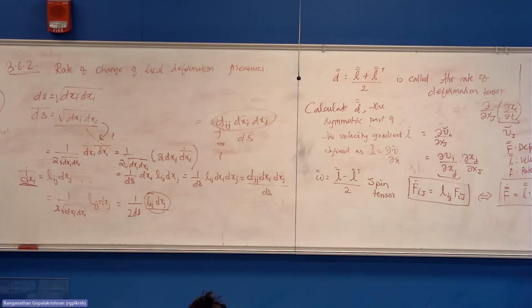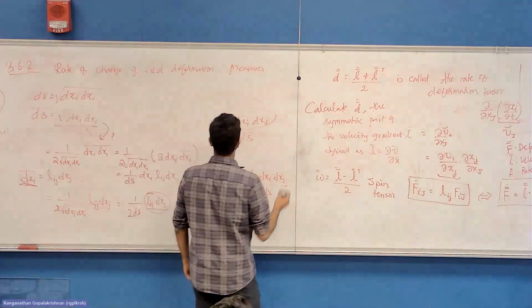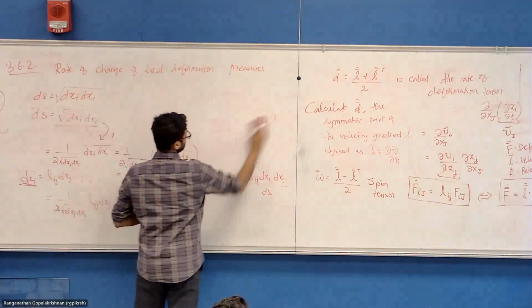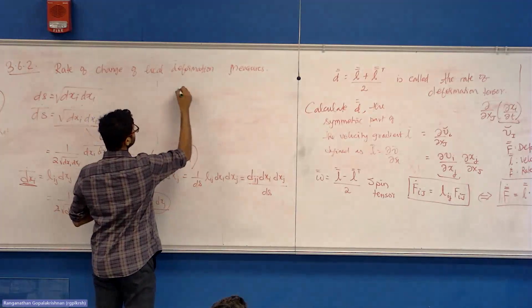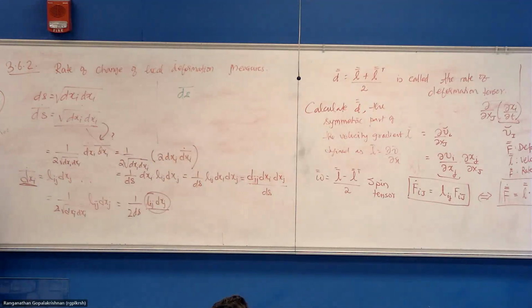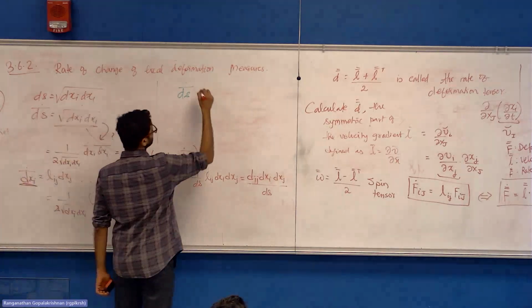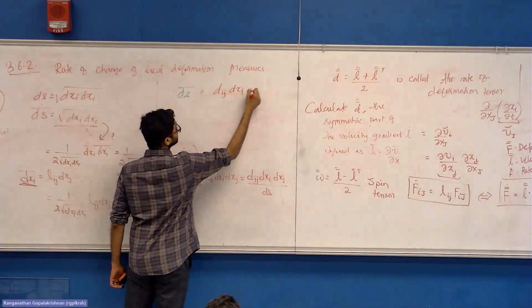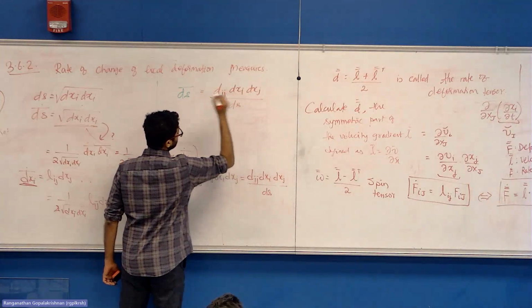So finally we have ds dot equal to Dij dxi dxj divided by ds.